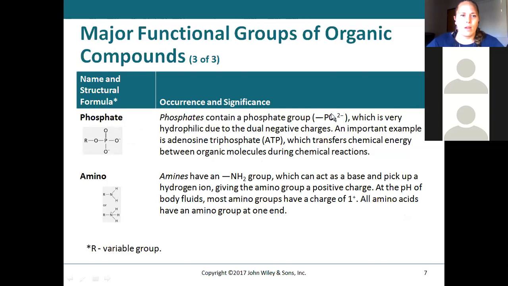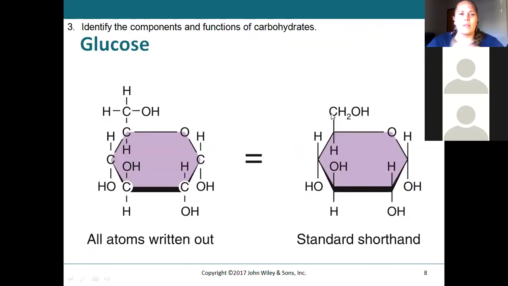Okay, so identify the components and functions of carbohydrates. We can think of carbohydrates as sugars. So glucose is probably the carbohydrate that we'll be talking about the most. It's the one that gets entered into our metabolism and gets broken down. And so other sugars that don't look like glucose eventually end up getting broken down, so they do have to look like glucose so they can be metabolized, because the way our metabolism works is we have very specific enzymes that break down these sugars.